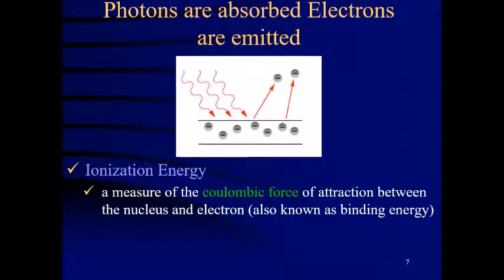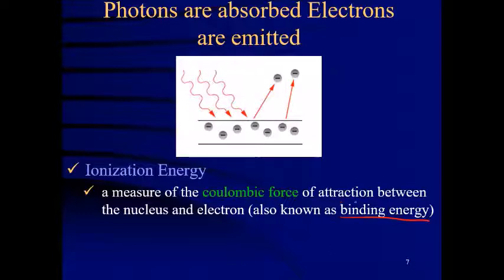Ionization energy is a measure of the Coulombic force of attraction between the nucleus and the electron. It's also referred to as binding energy because it's like the force that's holding those two together. You have to overcome that force in order to get the electron to be released. So it's an amount of energy. The binding energy and ionization energy are the same magnitude number.